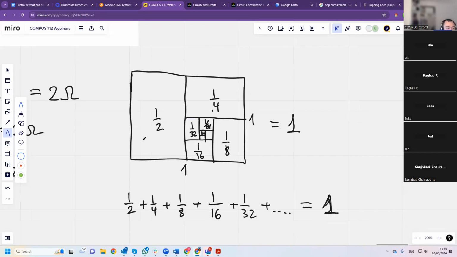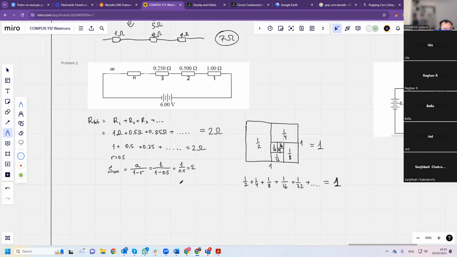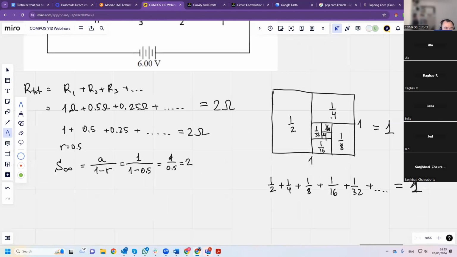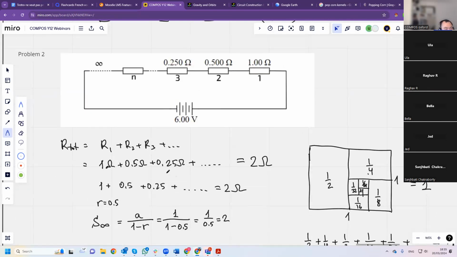But because we have 1 plus a half plus and so on, then we have 2 ohms. So it's more like a mathematical question. The answer is 2 ohms. And if the question is what is the current, it's going to be 3 amps here.